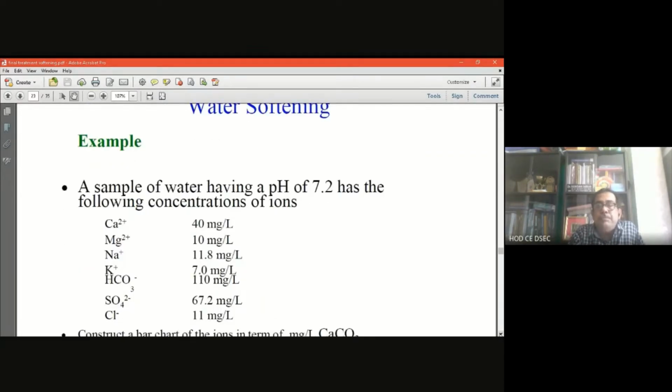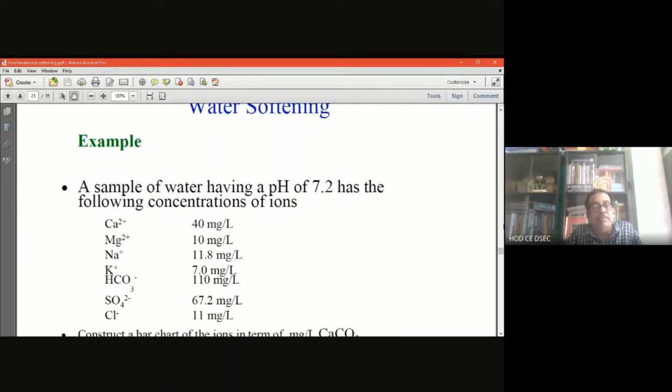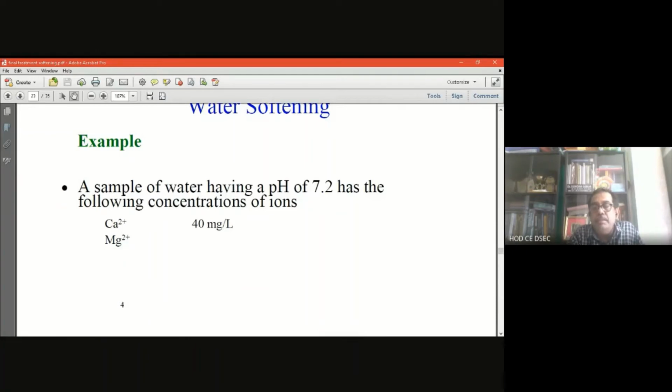Now this is a problem related with the water softening process. I must give you the illustration of this example. A sample of water having pH 7.2 is given, and the concentration is given as calcium equal to 40 milligram per liter, magnesium equal to 10 milligram per liter.